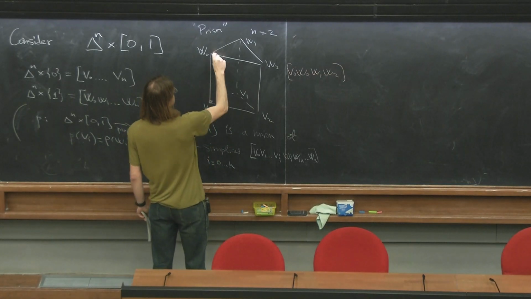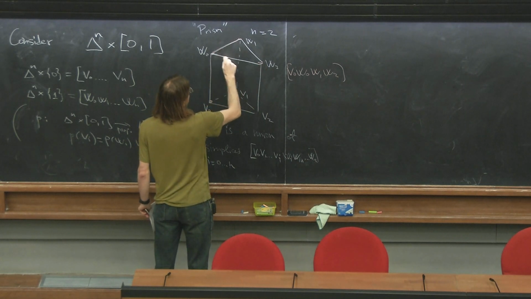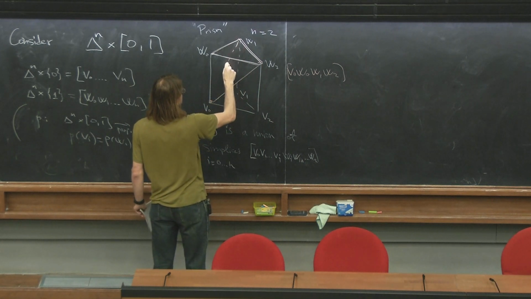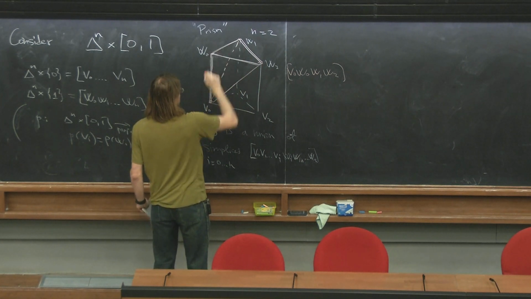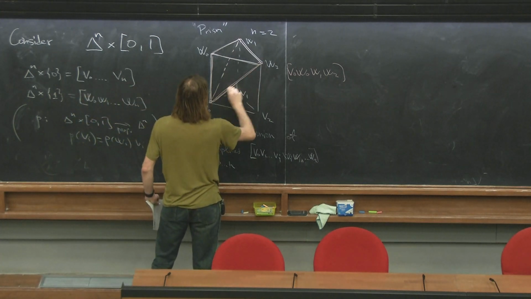It has this vertex, this vertex, this vertex, and this vertex. Together they form the following tetrahedron, which I draw in red.